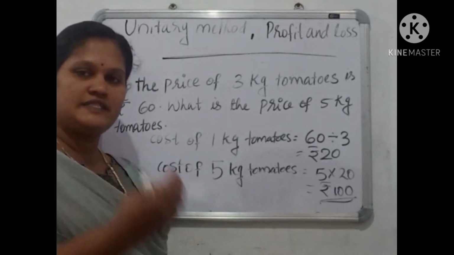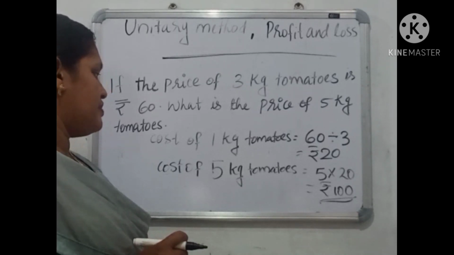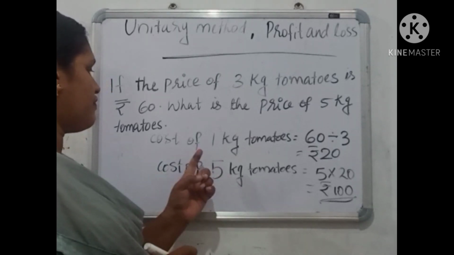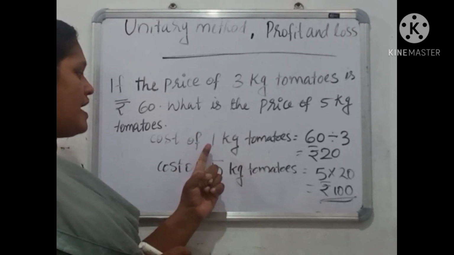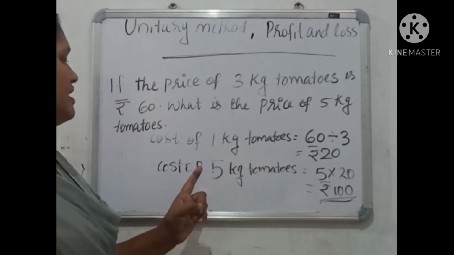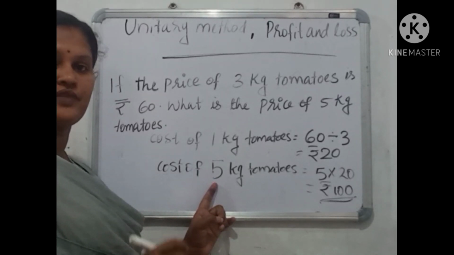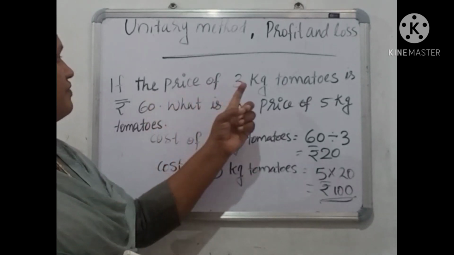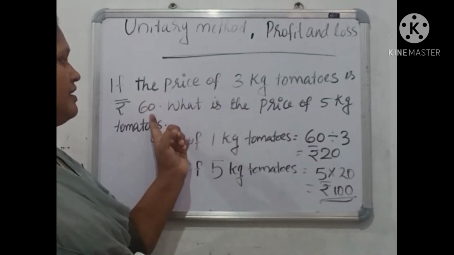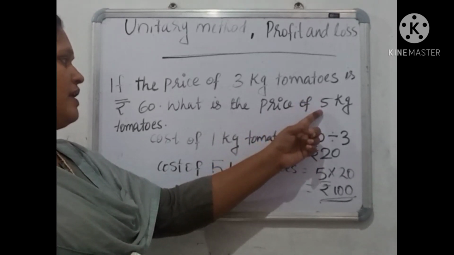Okay, this method is called the unitary method. That means the process of finding the cost of one unit and hence calculating the required units of the same item. Here the cost of 3 kilogram is given. We have to find the cost of 5 kilogram.